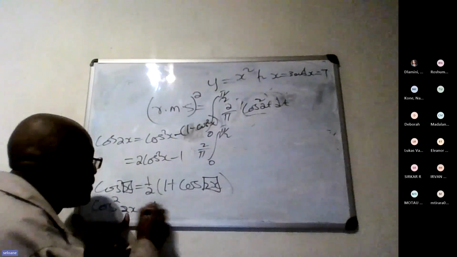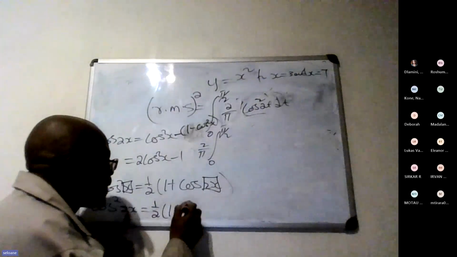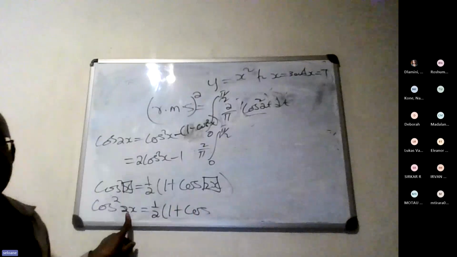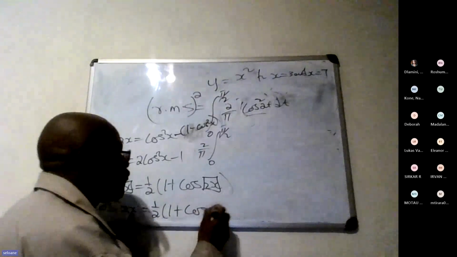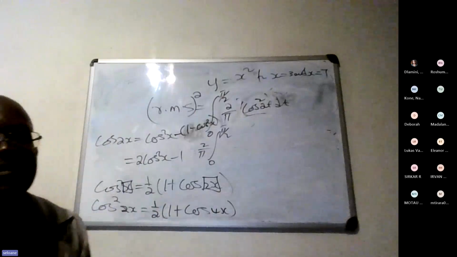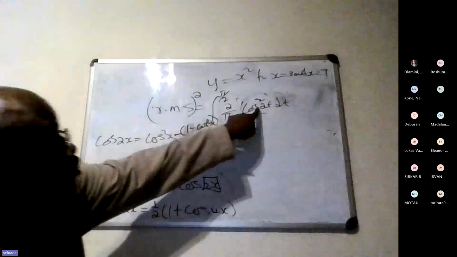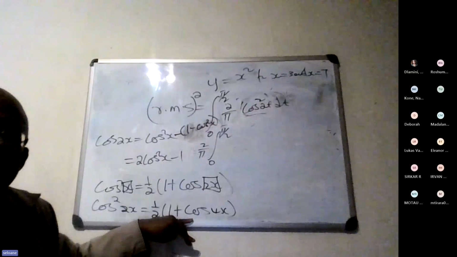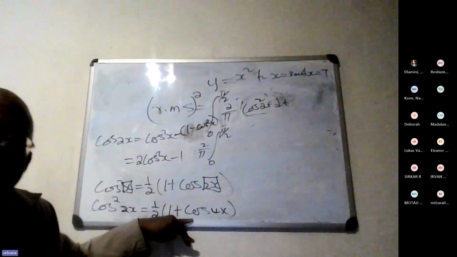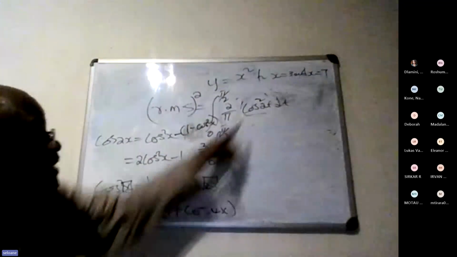If it is 2x here, then it becomes half in brackets 1 plus cos of twice this, which is 4x. So instead of cos squared 2t, we are now going to write half in brackets 1 plus cos 4t.